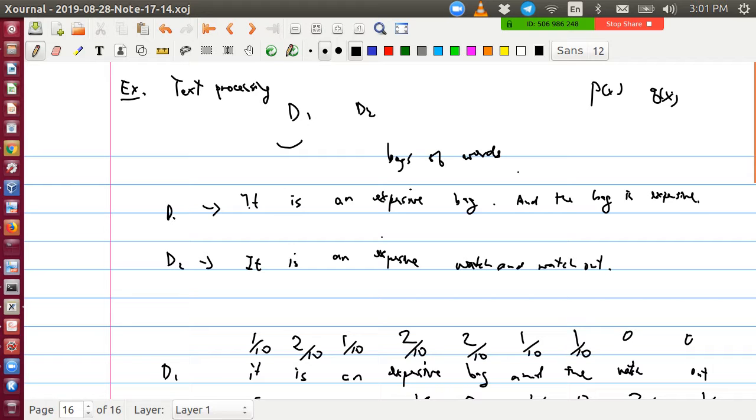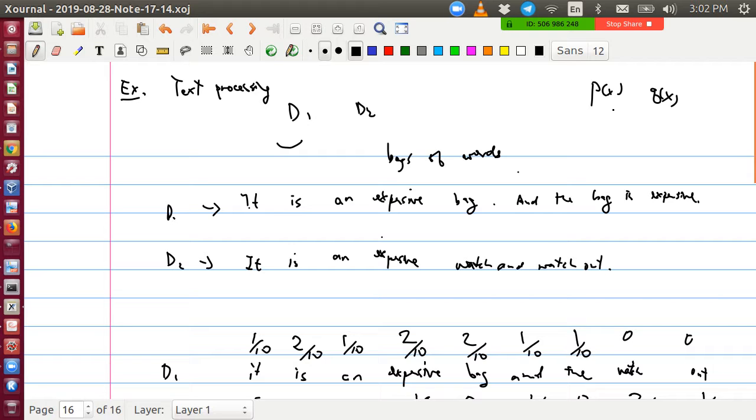If it's discrete, then P(x) and Q(x) will be PMFs, and if it's continuous, then they will be PDFs. So we can use the KL divergence to estimate the distance between these two distributions.